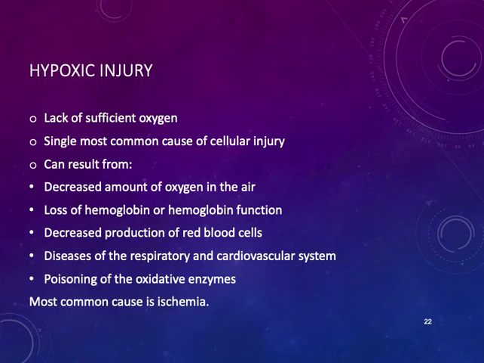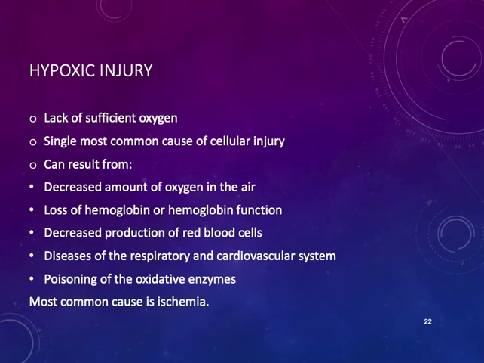Hypoxic injury. So it's related to insufficient oxygen to the area. It's the most common cause of cellular injury. And it can be caused from multiple different things, whether it's a decrease in the oxygen that they're consuming or breathing in. Another big thing is loss of hemoglobin or hemoglobin function.